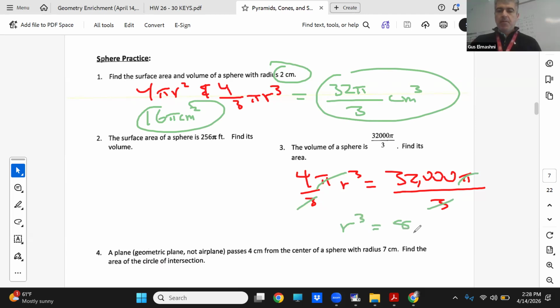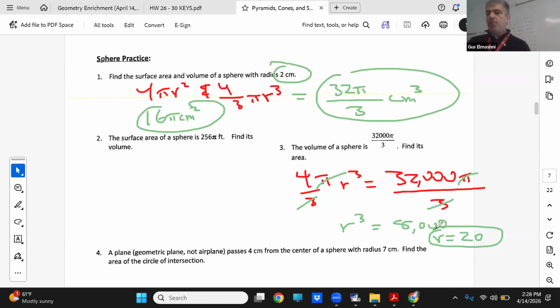Wait, how do you do it first? Oh, just 4 pi r squared for area and 4/3 pi r cubed for volume. You just plug it into a formula. That's all you're doing. Yeah, I'll give them to you: 4 pi r squared and 4/3 pi r cubed.